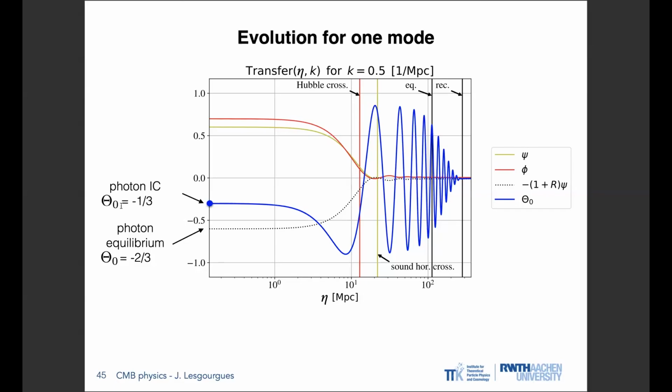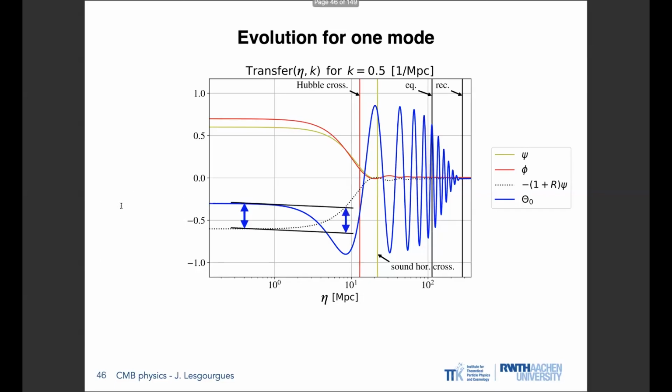All right, we understand psi, phi, theta 0 for this mode, but what do we need? I need to comment on something else. And you might see something strange in this plot. You might see that at the beginning, the offset between the density fluctuation, or theta 0, and the zero point of oscillation is small.